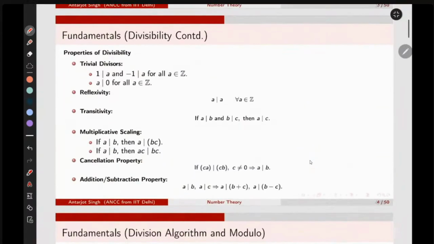Next we are covering some properties of divisibility.